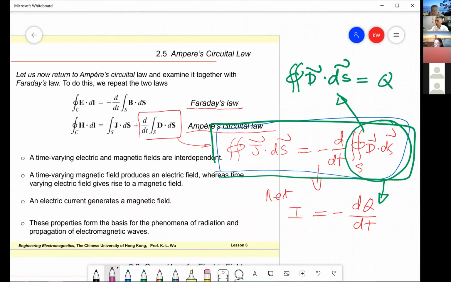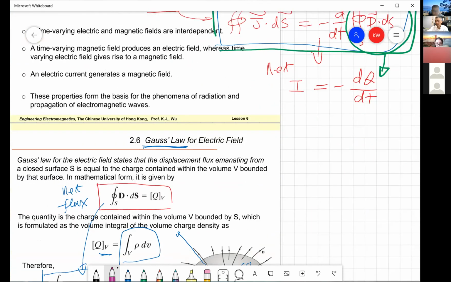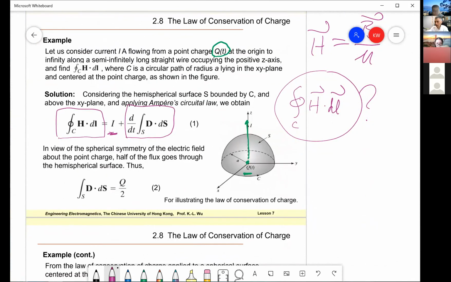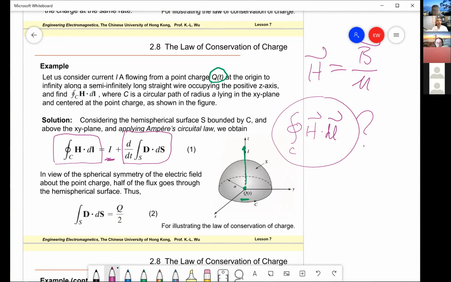The D and the charge are related, but this relation is with a closed surface. But in our problem, we have nothing to do with a closed surface, but we can define a very special surface, which is a semi-sphere.